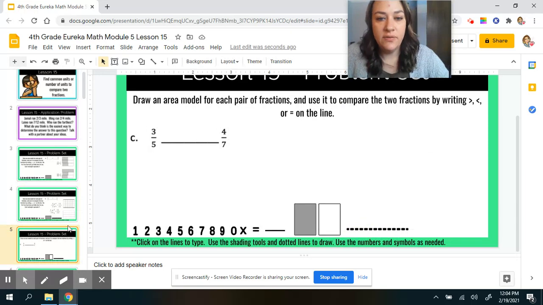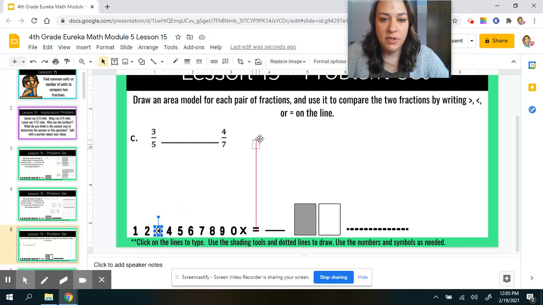3/5 and 4/7. Remember, we're going to multiply our denominators by each other. So we're going to be doing 3/5 times 7, because that is the opposite denominator. We will eventually get to a point where we're not multiplying. We're finding a common number, but for now, this is what we're doing.